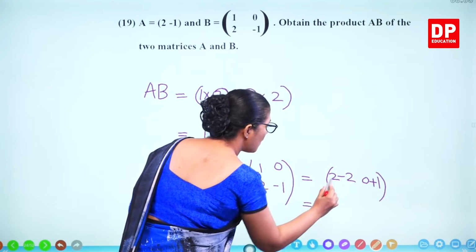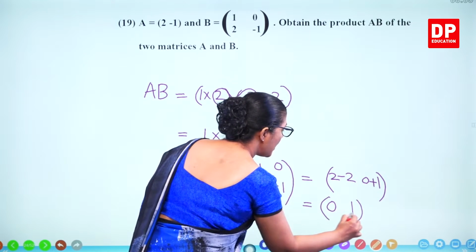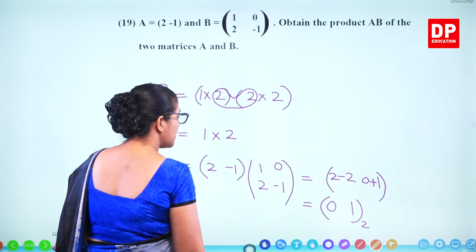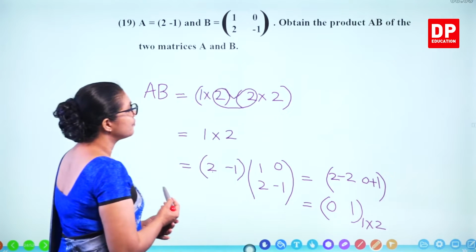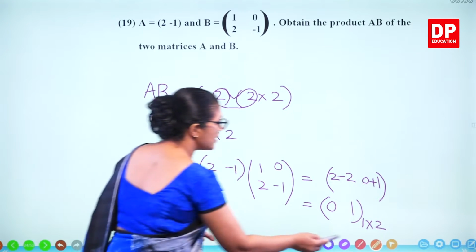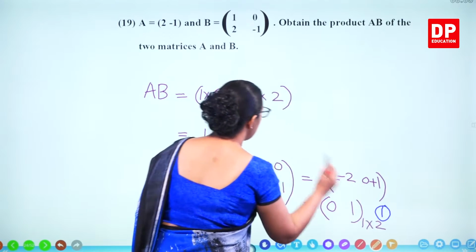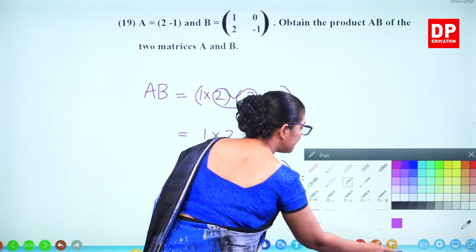So what's the final one? 2 minus 2 is 0, and 1. The matrix 0, 1 is the answer, but the size is 1 into 2. So you get 2 marks: 1 mark here and 1 mark for the calculations.